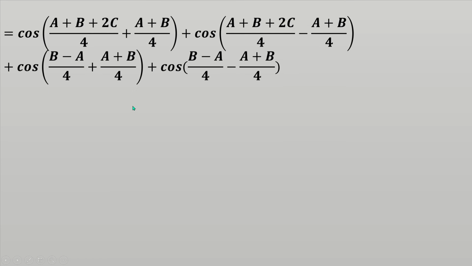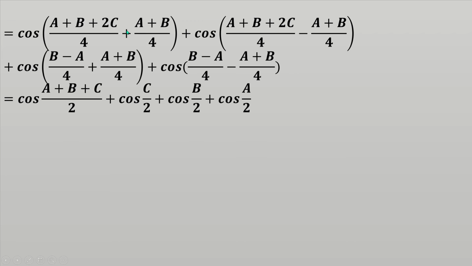Now follow next. Here is 2 cos a cos b, and here also 2 cos a cos b. 2 cos a cos b equals, you can write, cos(a plus b) plus cos(a minus b), and here also cos(a plus b) plus cos(a minus b). Now this equals, you can write, here the LCM will be 4, and the numerator will be a plus b plus 2c plus a plus b.